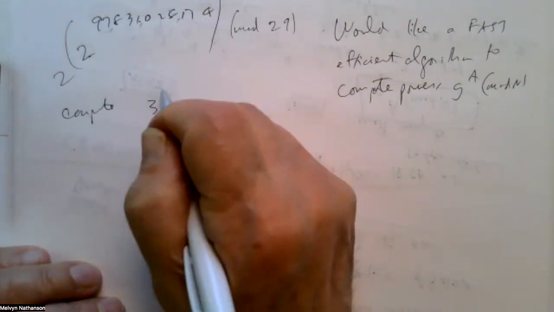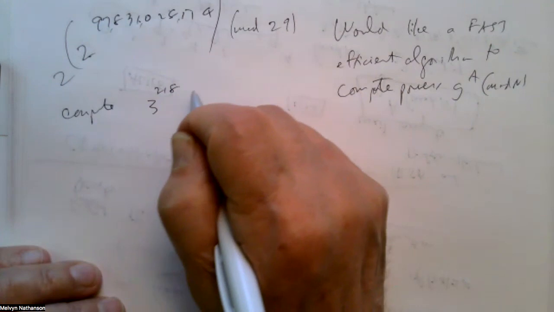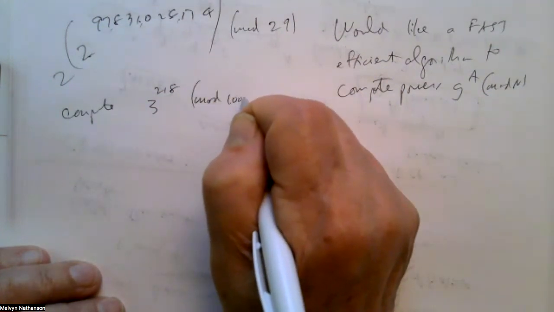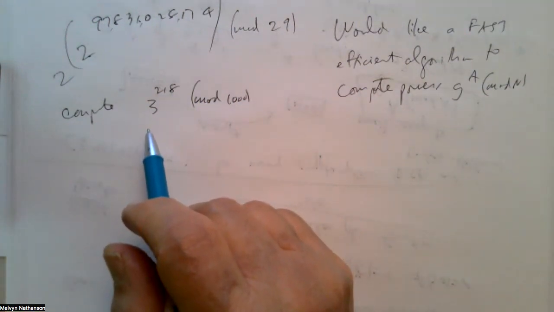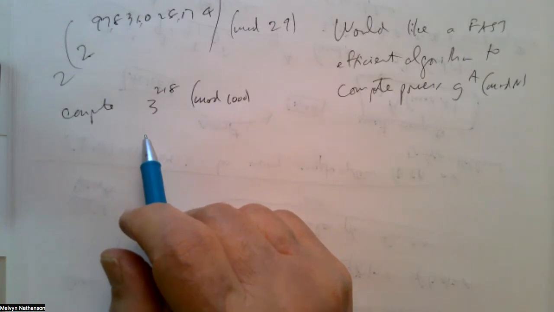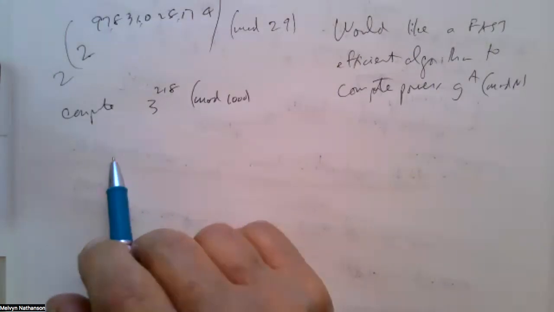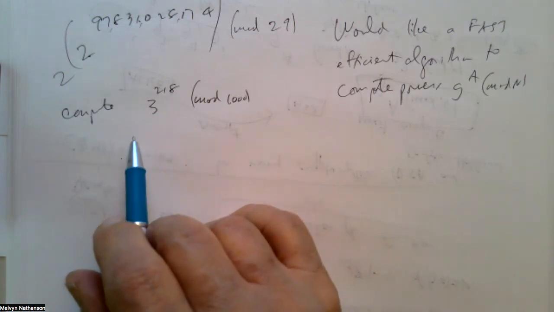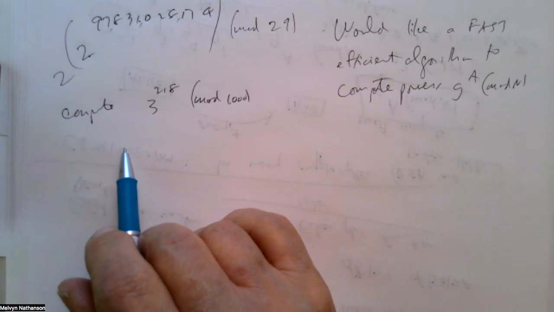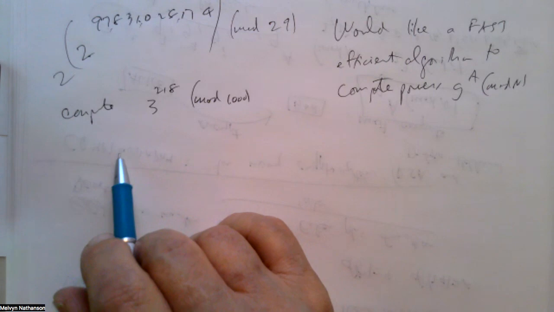Compute 3 to the power 218 modulo 1,000. Again, you could compute 3 to the 218 by multiplying 3 by itself 217 times, and then reduce mod 1,000. That's 218 multiplications, roughly. Let's see if we can find a more efficient way.